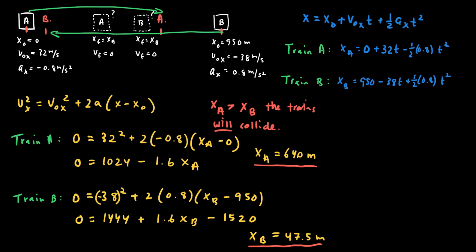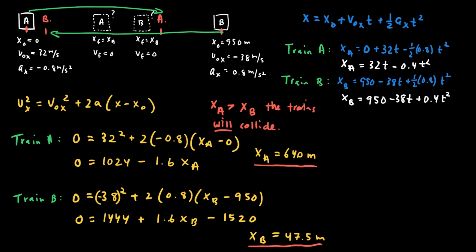And these equations could be worked with just a little bit. I could write xA equals 32t minus 0.4t squared. And for train B, I could write 950 minus 38t plus 0.4t squared.